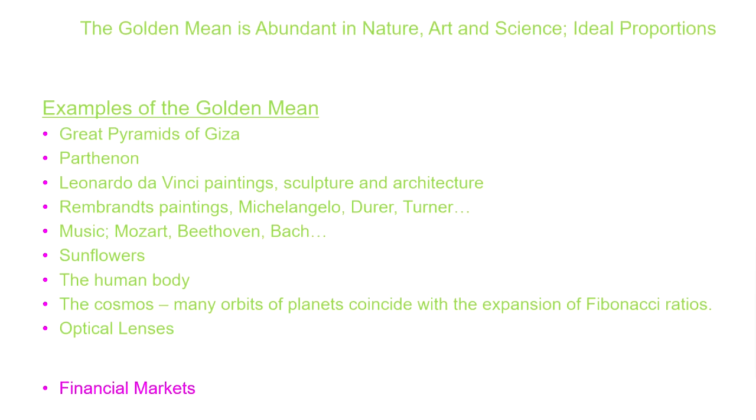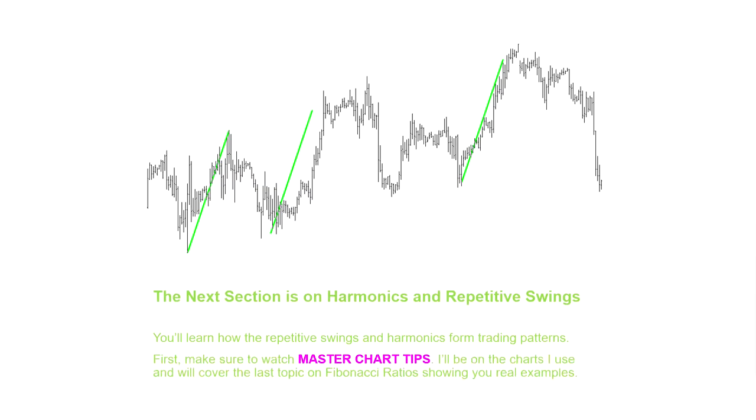Another way that we can use the Fibonacci ratios is in the financial markets. These show up on a repetitive basis in the price charts that we're looking at. So the harmonics, when I use the term harmonic, I'm referring to repetitive types of swings.